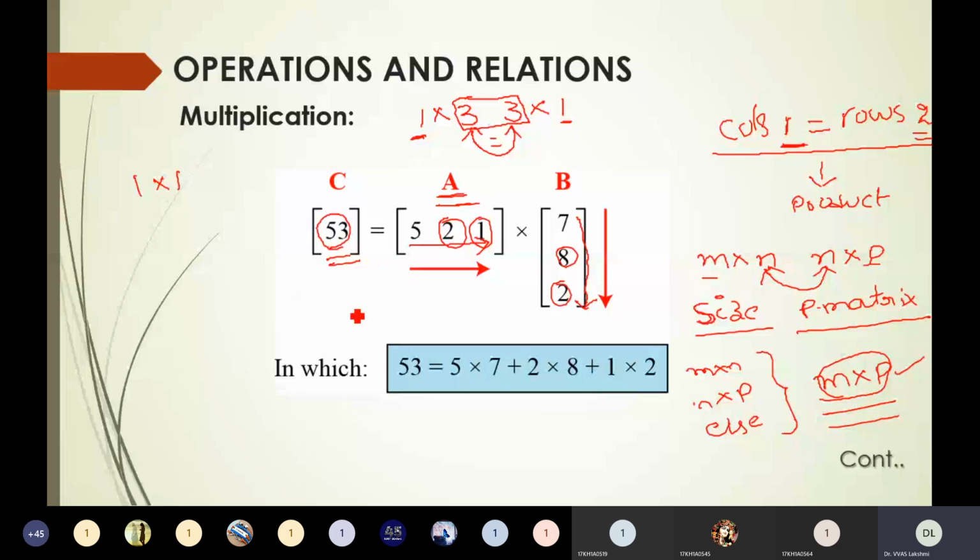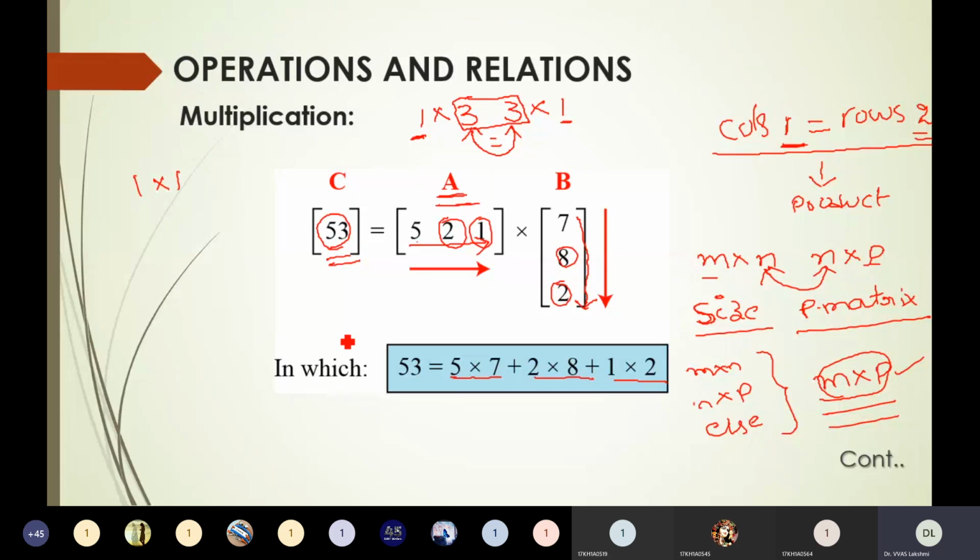All of the individual multiplications are then summed. So here first 5 into 7, then 2 into 8, after that 1 into 2.